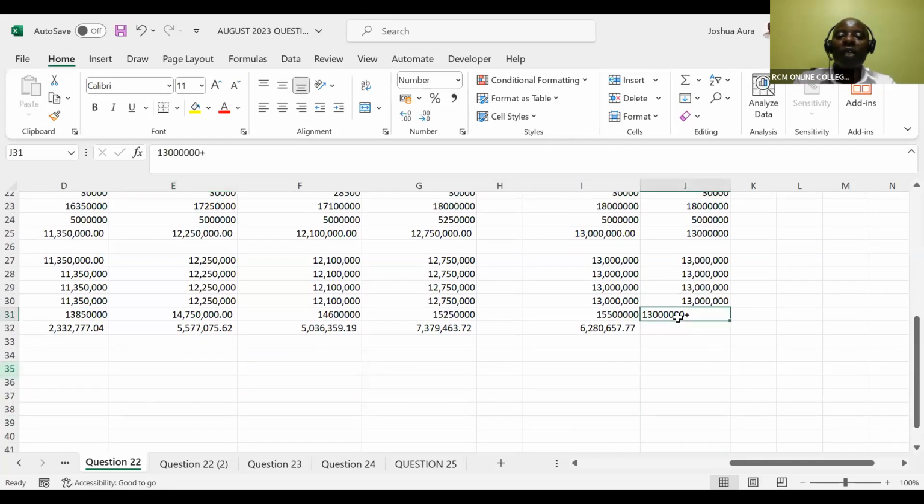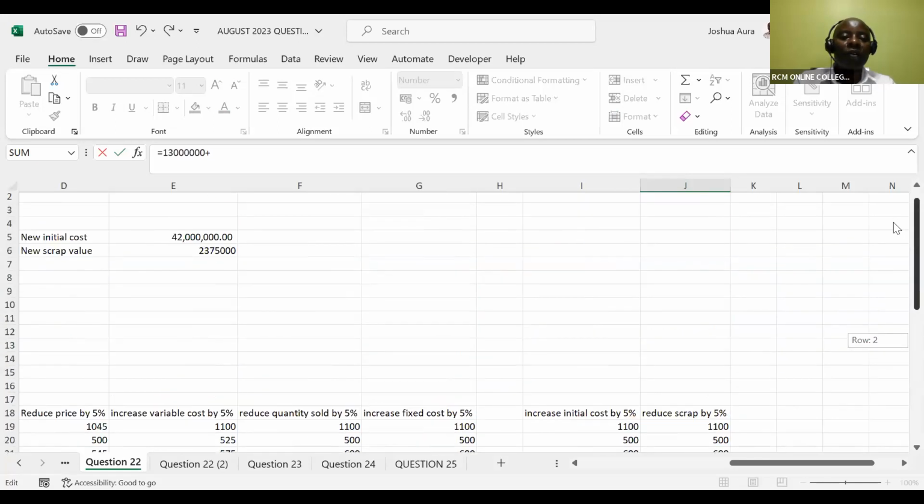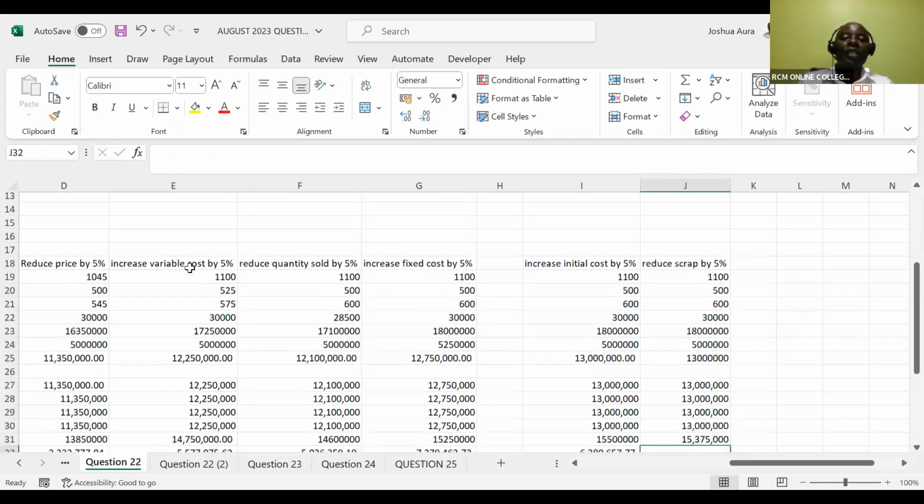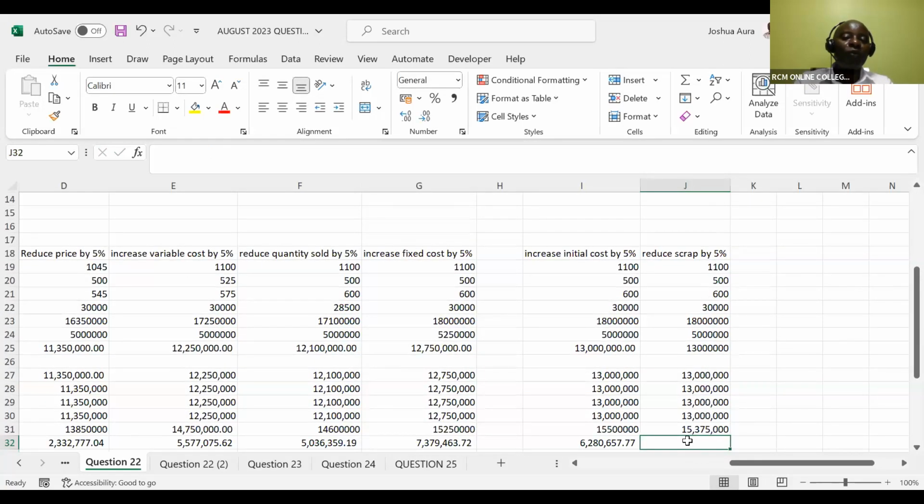So here we are. It never picked. So let me pick this. It's supposed to be equals here. And then you say plus. When I'm here, I should be able to pick the scrap value. This is the one that I want to pick there. You say enter, then I should be able to get the new figure.